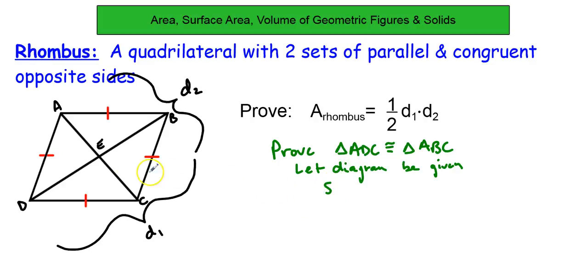So first side, we're going to use the given, so AD is congruent to AB, and that's given, or by definition of a rhombus.